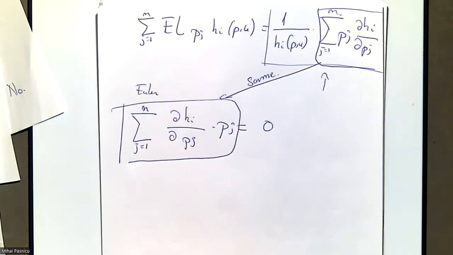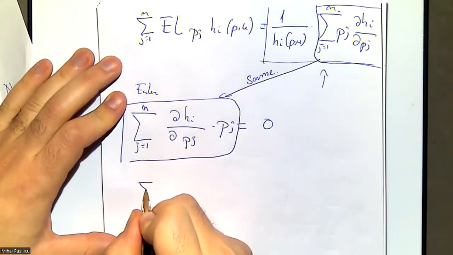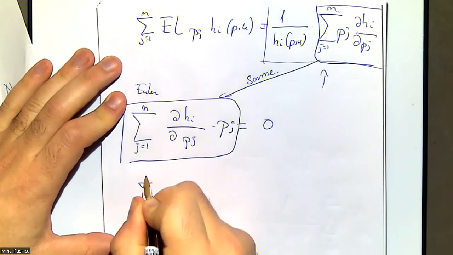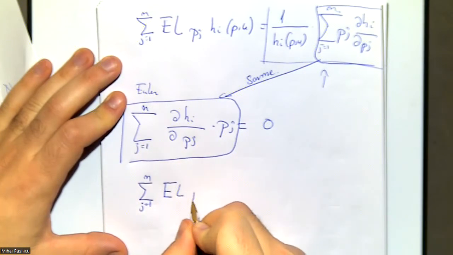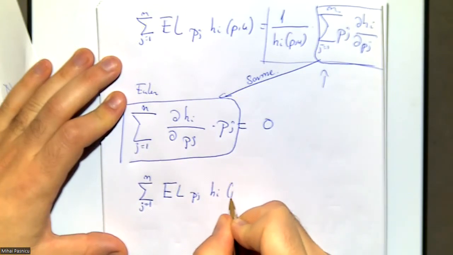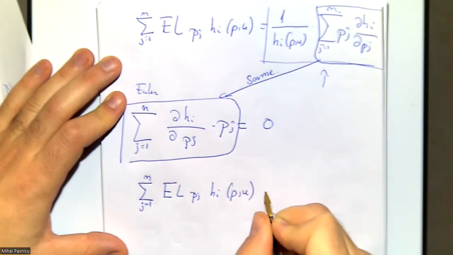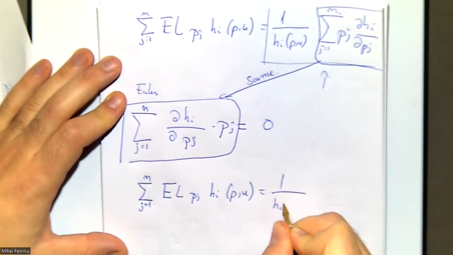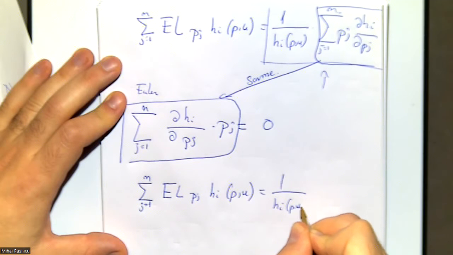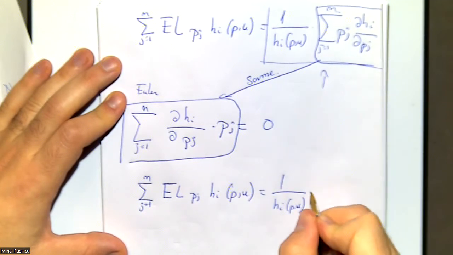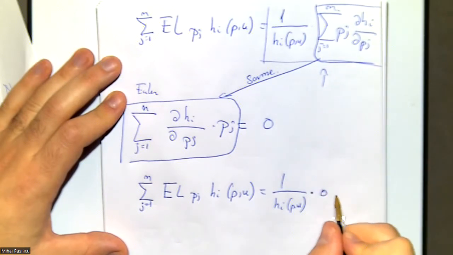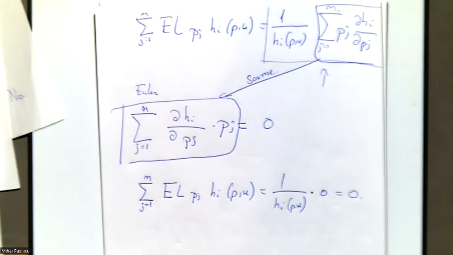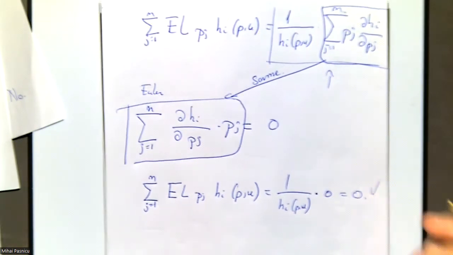So because they're the same, I can just say that the sum of the elasticities of p_j, H_i(p, u) is equal to 1 over H_i(p, u) times 0, because this is 0, which is just 0. All right, and that's how I ended my problem.